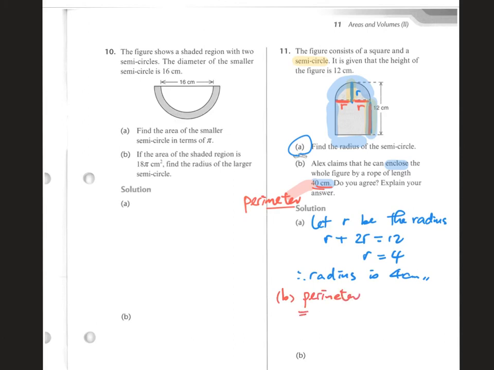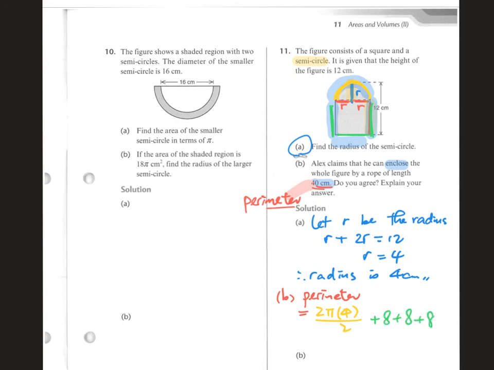Well, for the perimeter, first, how about we use yellow? Our first length is the semicircle, which is 2 pi R, where R we've got is 4, divided by 2. Next, there are 3 pieces of length from the square, which is 8, 8, and 8.